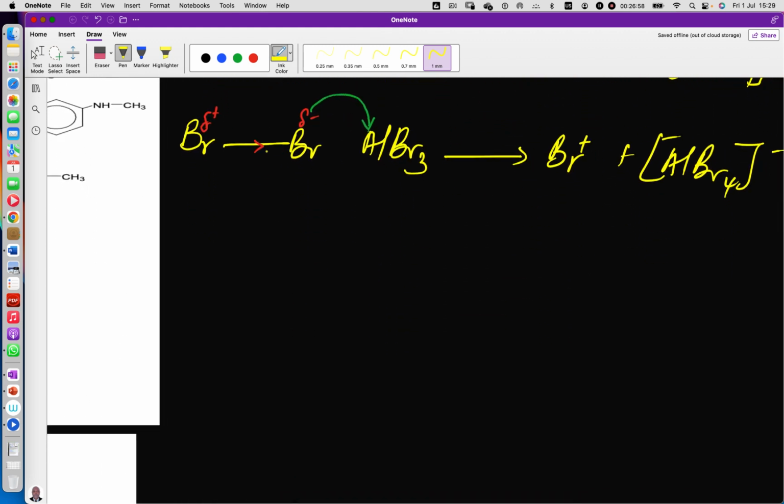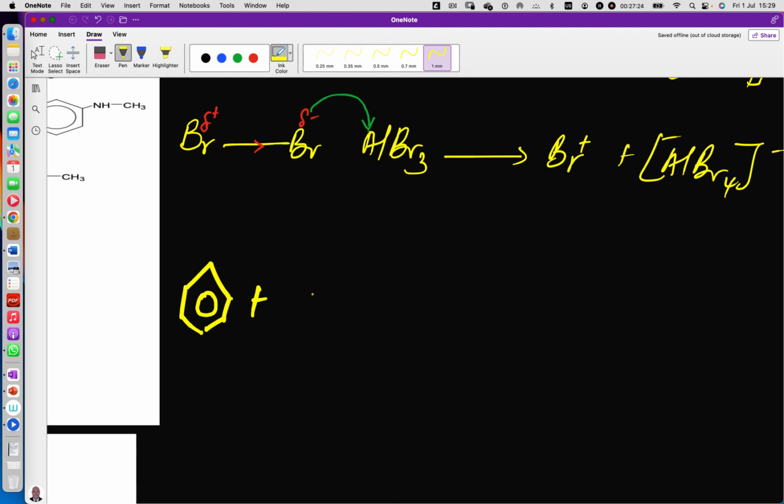So in this reaction, we will be reacting benzene. That is alkylation of benzene. We will be reacting benzene plus chloroethane.